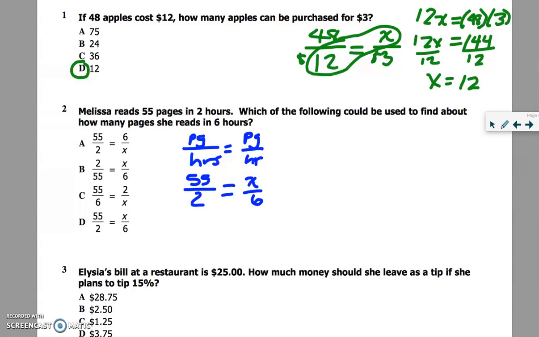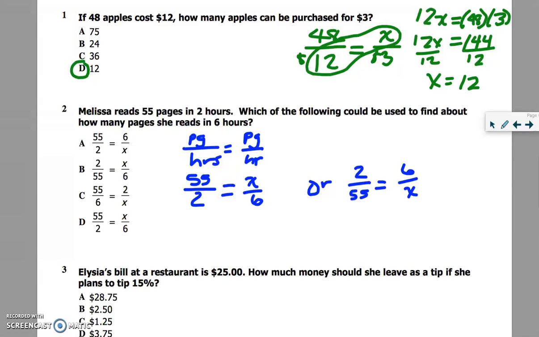Since we didn't have to work this one out, we're just looking for the right setup. It could be 55 over 2 is equal to X over 6, or we also could be looking for 2 over 55 compared to 6 over X. Either one of these would be correct answers.